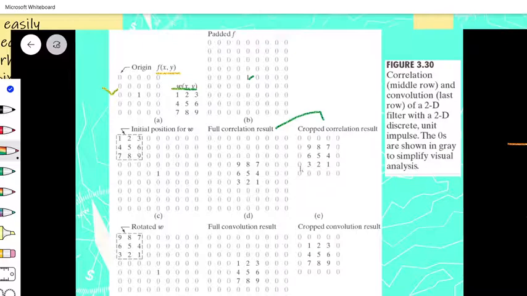So rotate the W, and then this will become this, and the matrix is rotated. Now apply the full convolution for 180 degrees, then crop the convolution result, and this is the output. In this way the operations are changed.